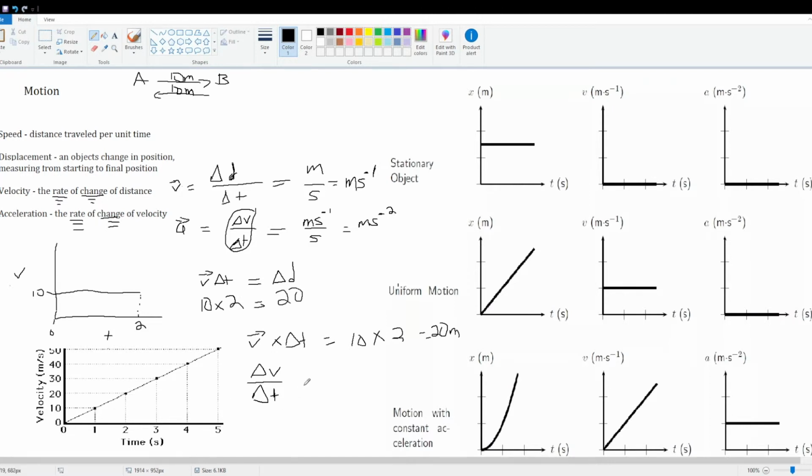So we have 20 meters per second over the change in time, 2 seconds. So the average acceleration is 10 meters per second squared. That might trip you up, but you need the change in velocity, not the average velocity.